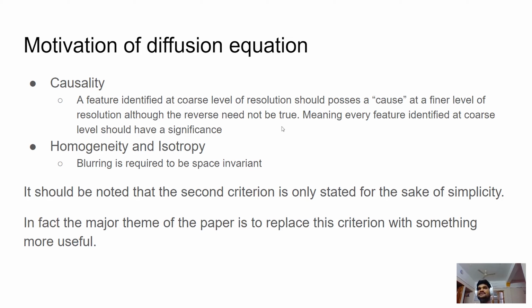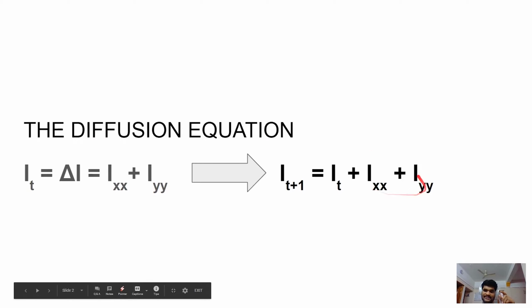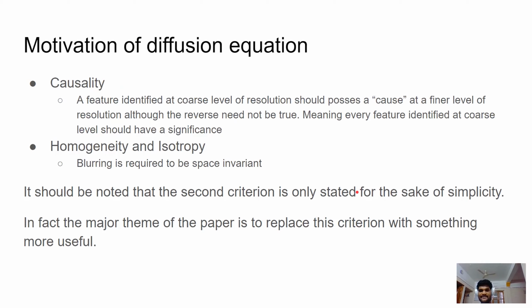So this means that if we take any pixel in the coarser level of resolution, which means after applying this equation multiple times to the image, and after getting the pixel intensities, each and every pixel intensity should possess some significance.